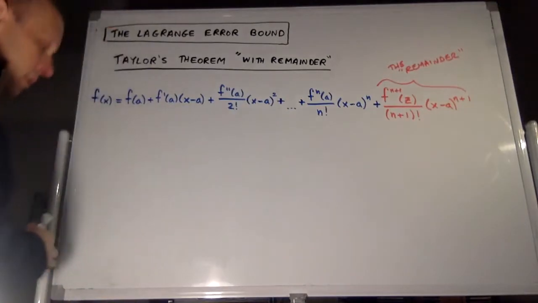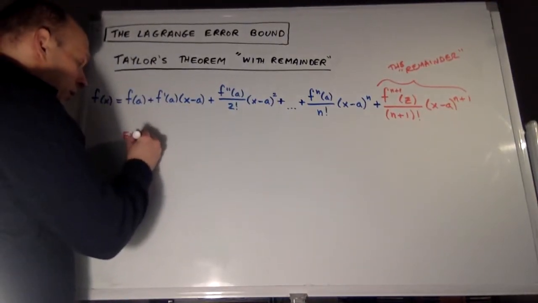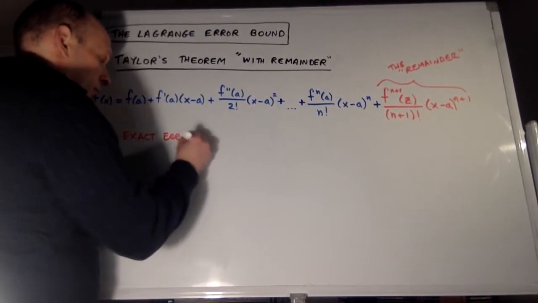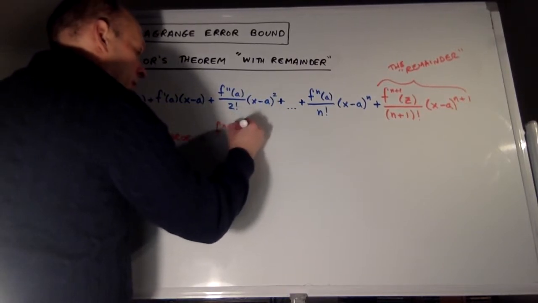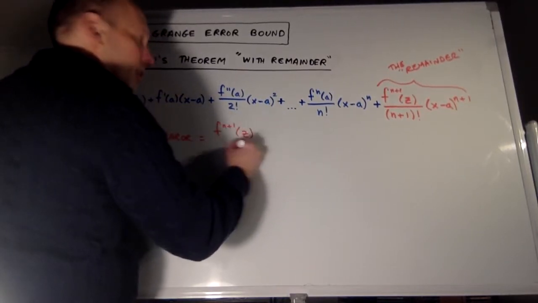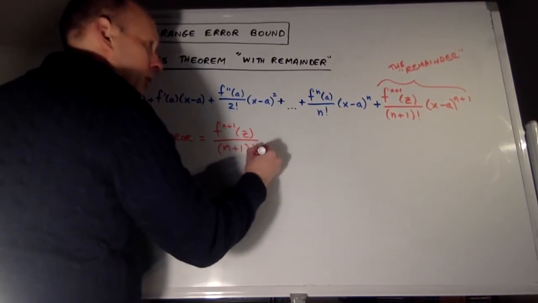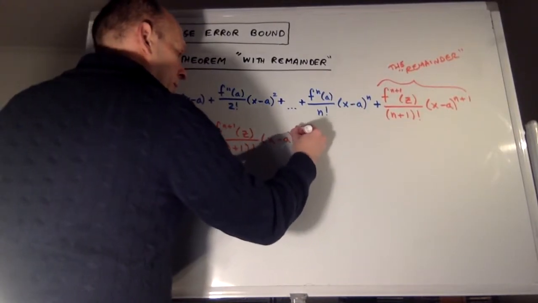So we could say the exact error is equal to this crazy term over here, the n plus 1th derivative at z over n plus 1 factorial times x minus a to the n plus 1.